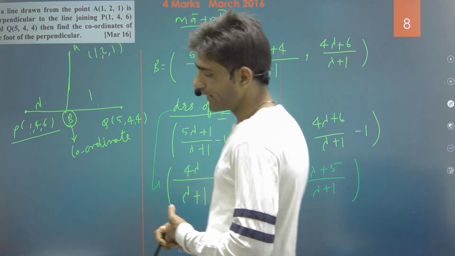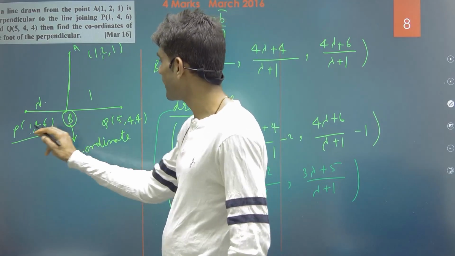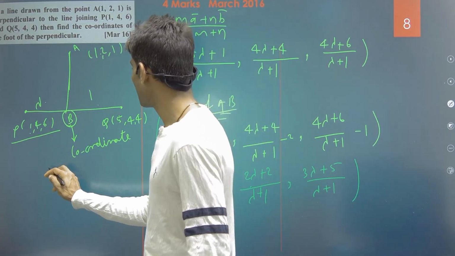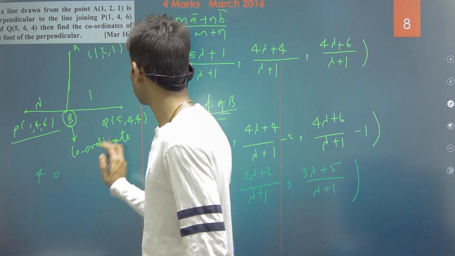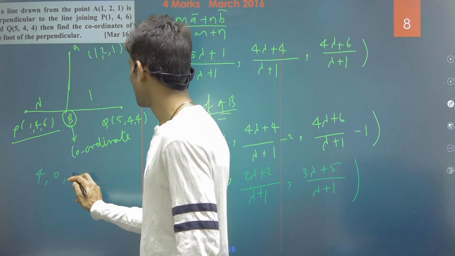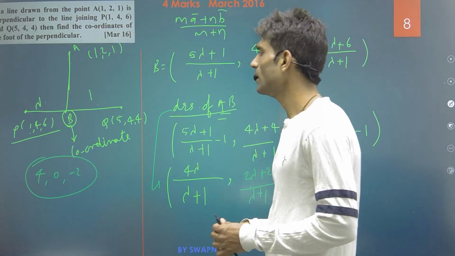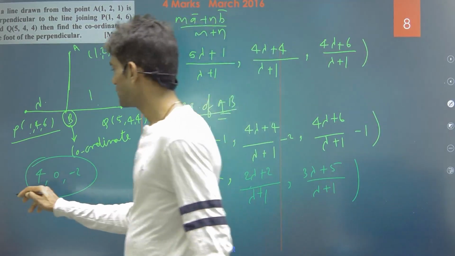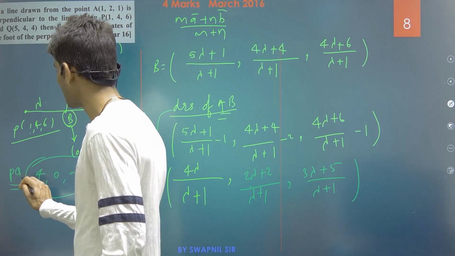Let's find the direction ratios for line segment PQ. We write 5 minus 1 as the first direction ratio, which is 4. 4 minus 4 goes to 0, and 4 minus 6 gives us minus 2. These three are the direction ratios for our line segment PQ.